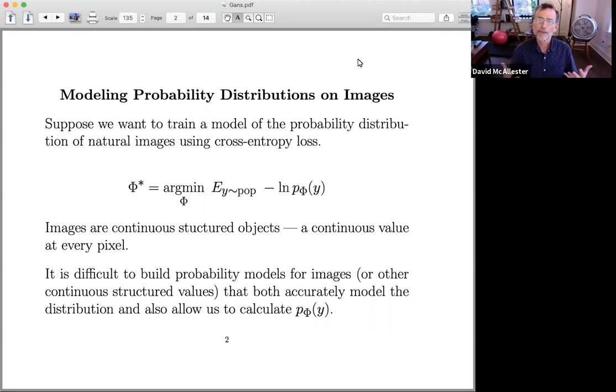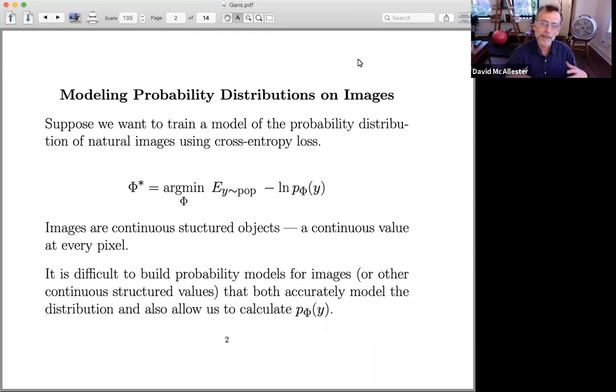So we could try to use the standard cross-entropy loss, which is how the language models are trained. They've got this nice autoregressive structure that allows us to just use cross-entropy on autoregressive models. But images are structured objects on continuous values. We think of the pixels, the value of the pixels in an image, as a continuous number.